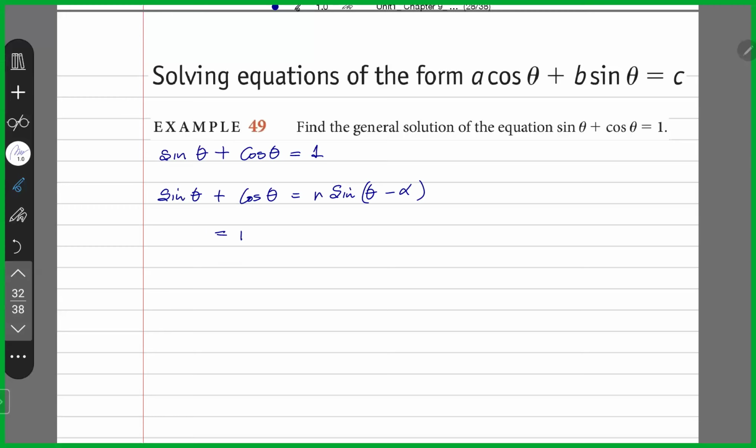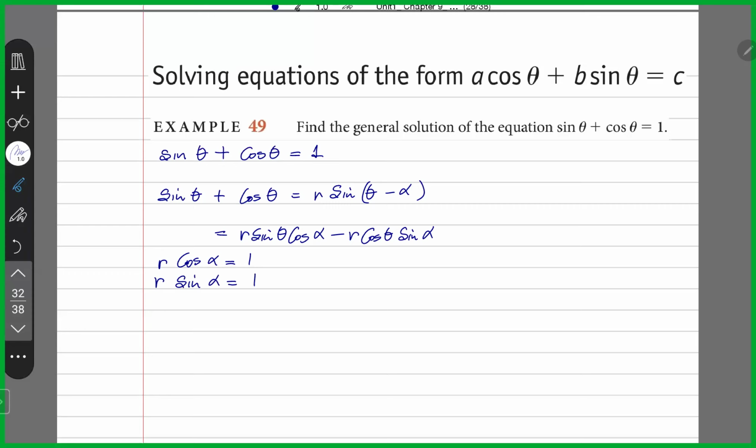I'm going to get r sin theta cos alpha minus r cos theta sin alpha. Equating coefficients, I'm going to get r cos alpha is equal to 1 and r sin alpha is equal to 1.